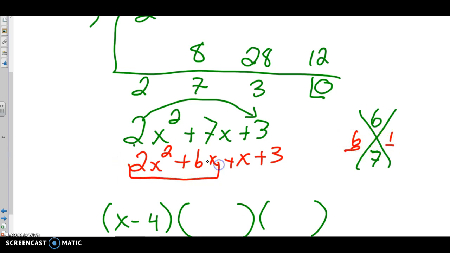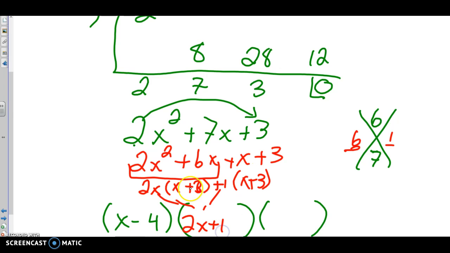Then I'm going to look at the first two terms and take out the greatest common factor of 2x. And the second two terms, the greatest common factor is 1. Combine my outside to 2x plus 1.